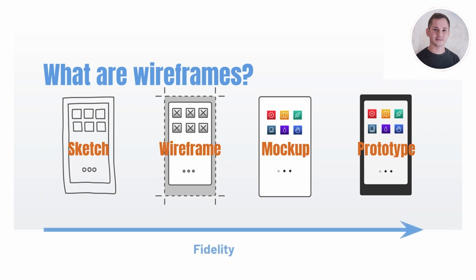Basically, whenever you or the product designer starts working on a new feature idea or a new product idea, you go through these stages of fidelity. Fidelity basically means how polished it is. The lowest form of fidelity is the sketch. It's literally on paper, drawing out what it's going to look like. Then that usually gets digitized.